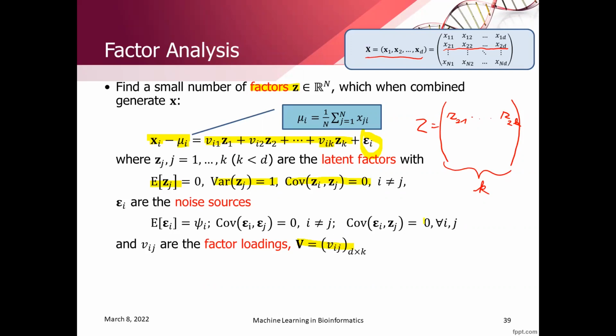As I said, the noise can be non-zero, so the expected value for the noise is some constant for each dimension, and we expect that the covariances of the noises are 0, so they are independent. Also, the covariances between the noise and the factors are 0.